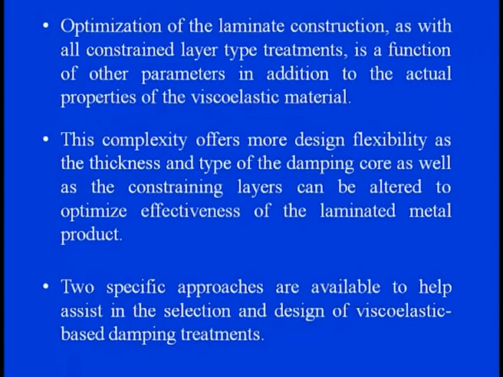So this optimization of the laminated construction requires certain parameters, and how it is added to the base material, so that it can provide some kind of viscoelastic material property or other material property.